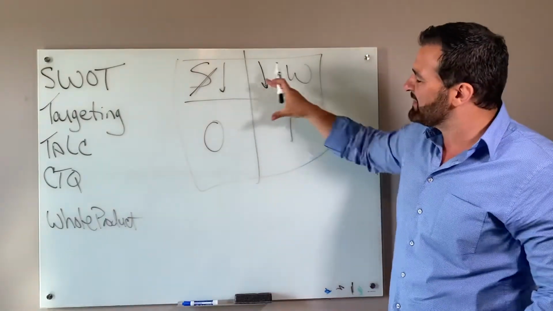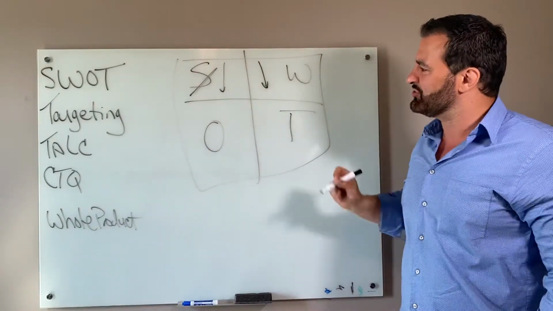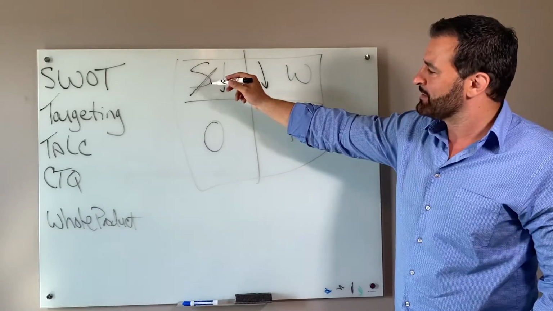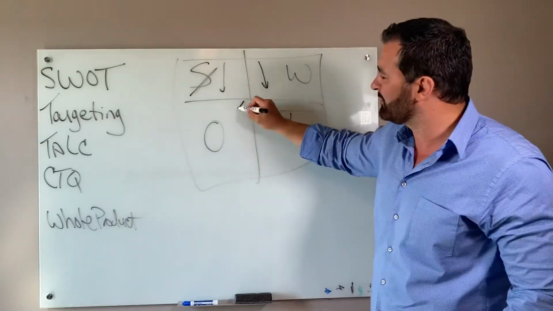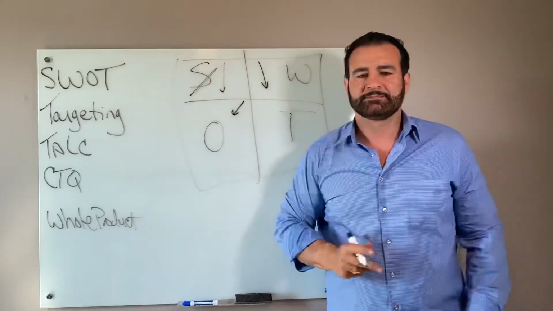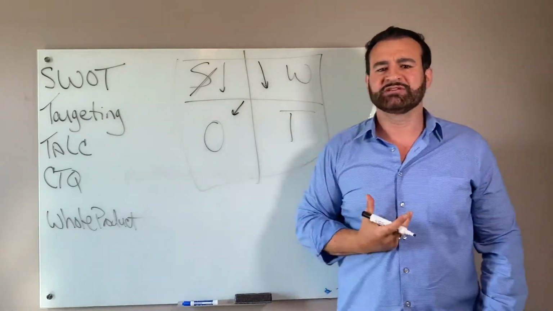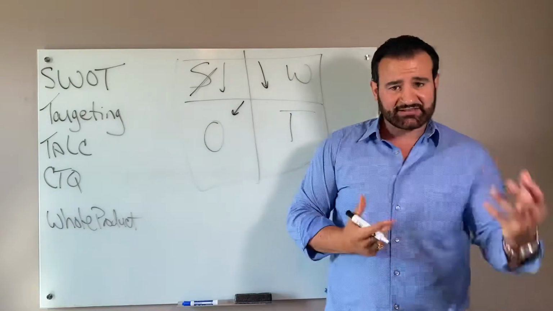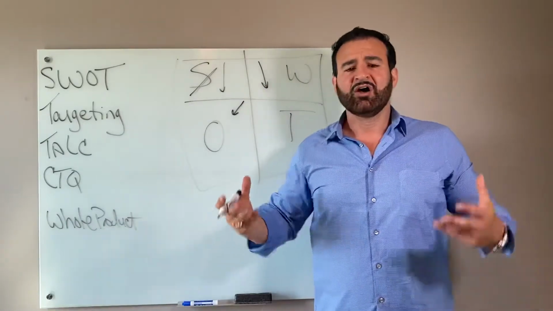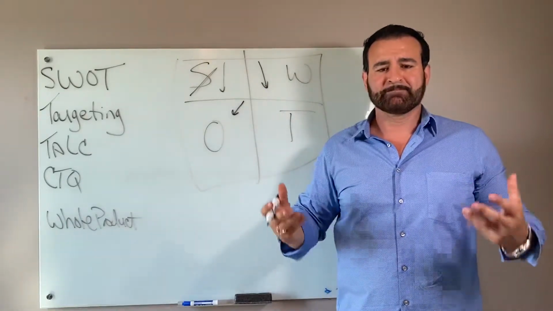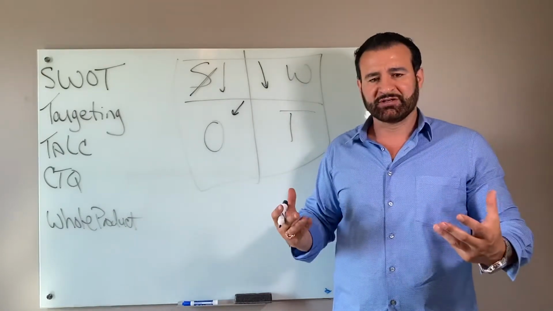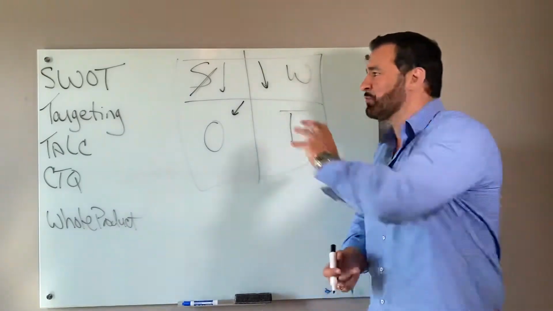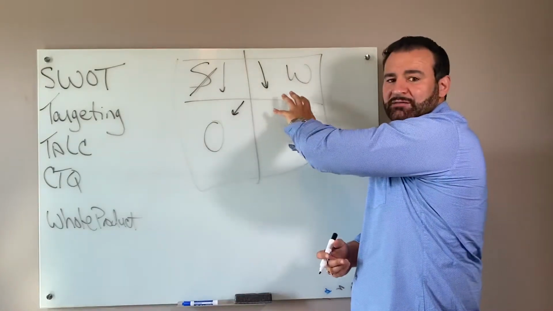So now you have these two elements laid out. So you know what this employee is good at, and you know what they're not good at. So now you want to look at your opportunities. Here are the strengths, here are the weaknesses. What opportunities in the company are best served for this employee based on what they're good at and what they're not?